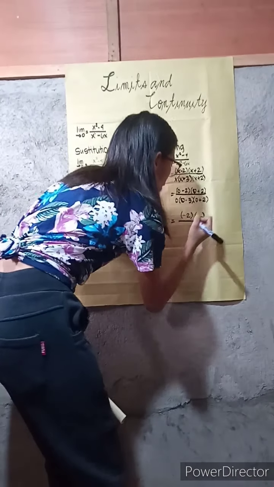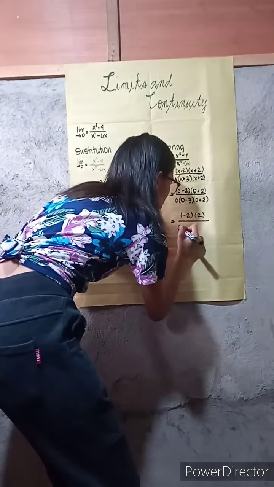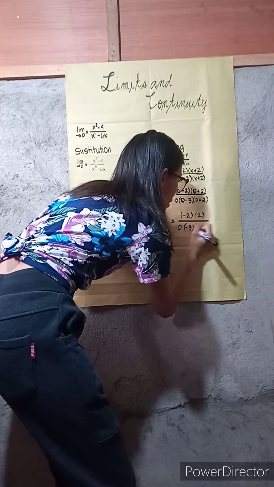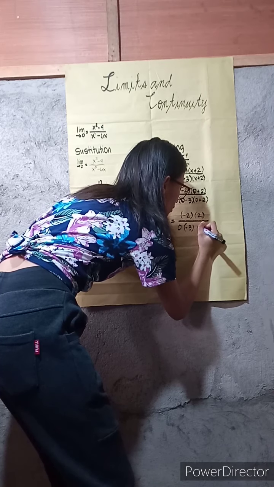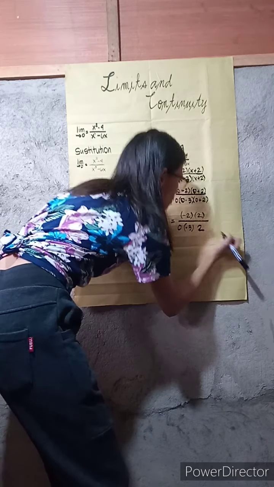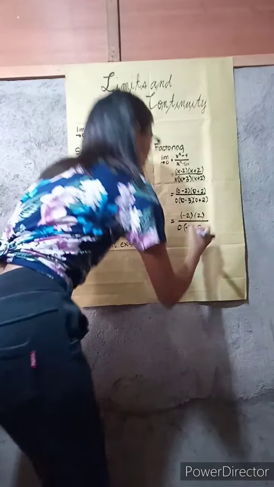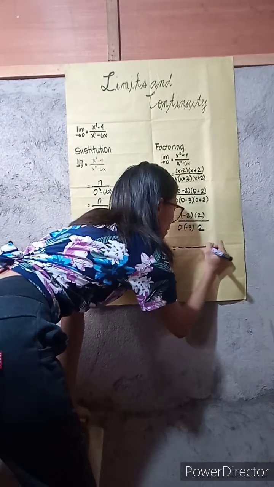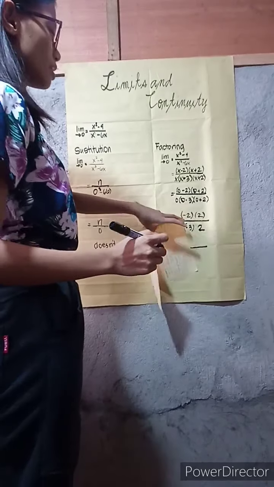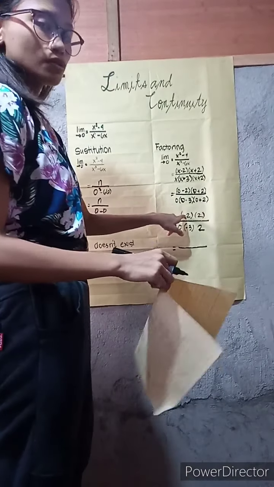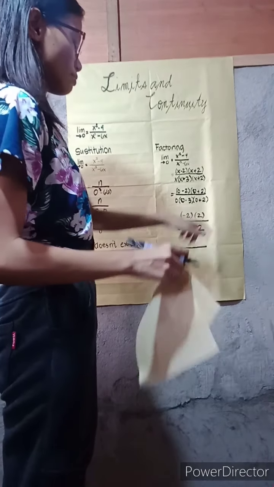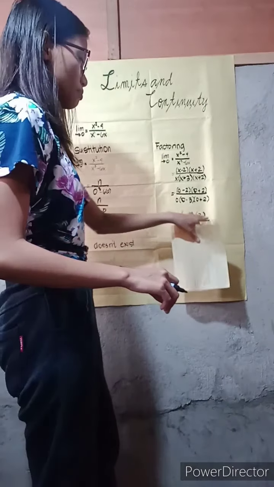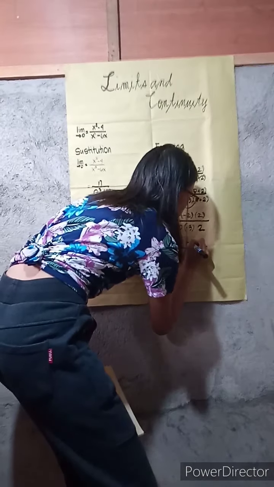And here we have 0, negative 3 over 2. Then negative 2 times 2 is equal to negative 4.